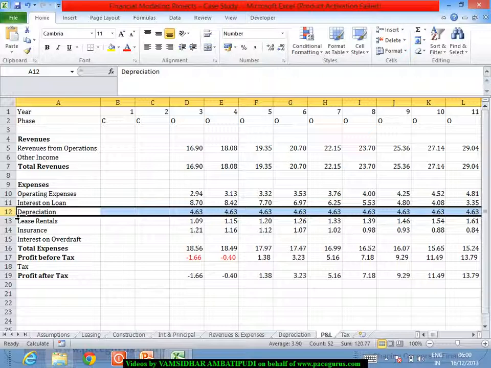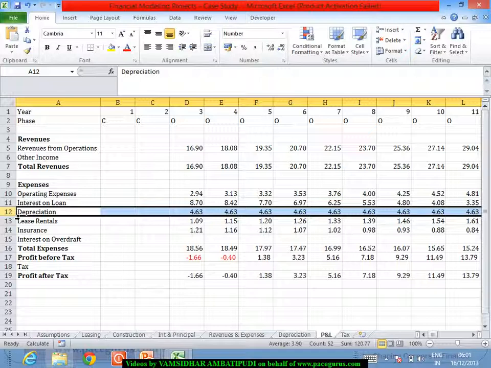So based on that updated PBT, I can compute the tax. That updated PBT, which comes from taking the written down value method of depreciation into consideration, is the taxable income for the company.